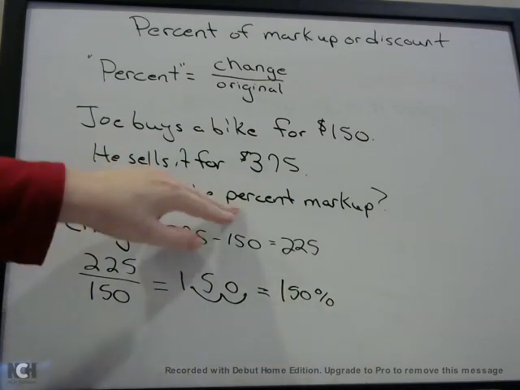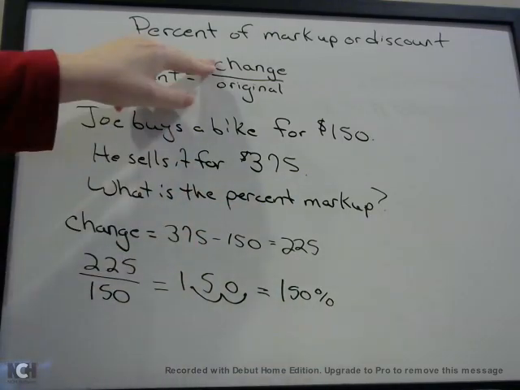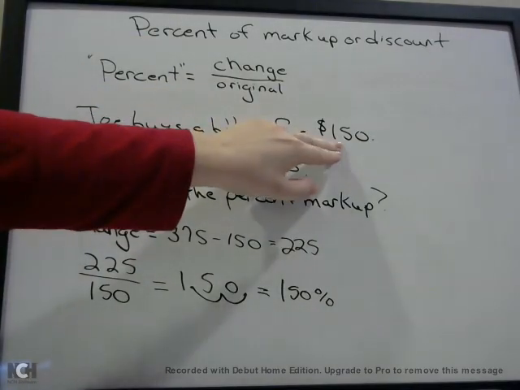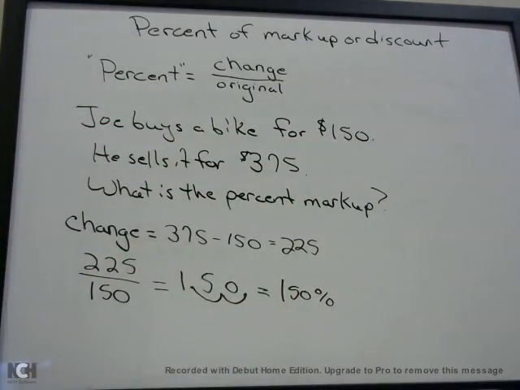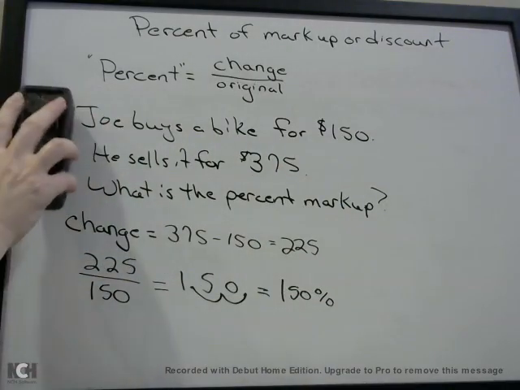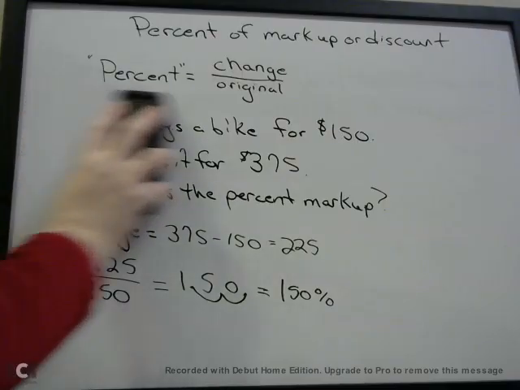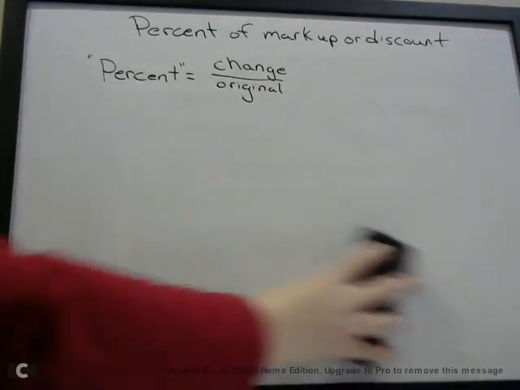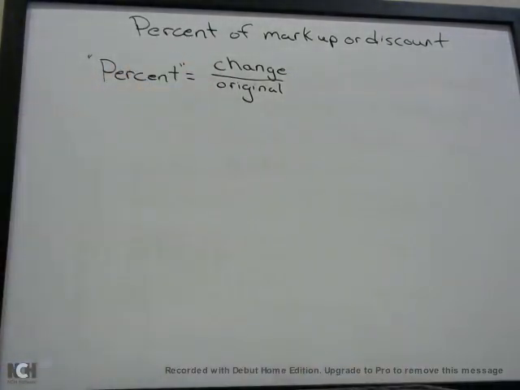So the percent markup, we found the change in the price, and we put it over the original price. And we got 150%. Now when we do a discount, percent discount, it's going to be the same type of formula, change over original.